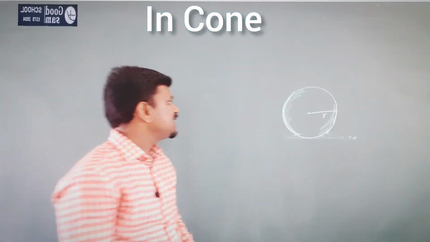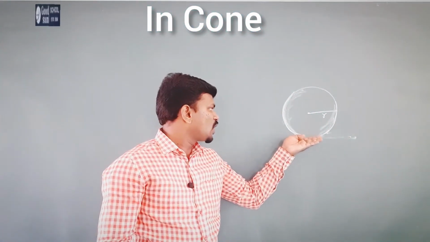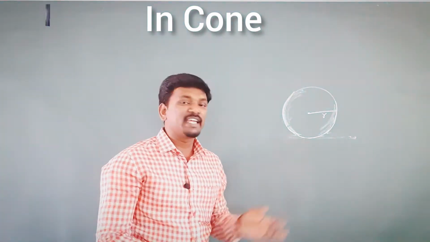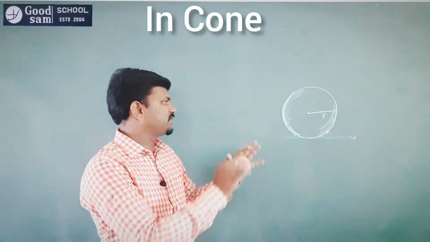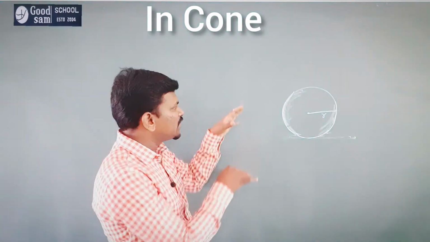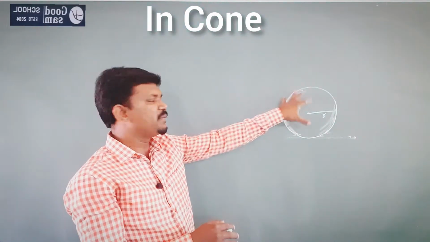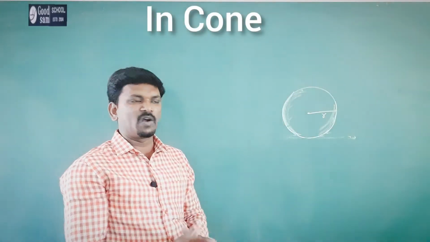But when we think about the globe, when we think about the sphere, we cannot say curved surface area and total surface area. In whatever way we look, it remains a sphere, a spherical ball.